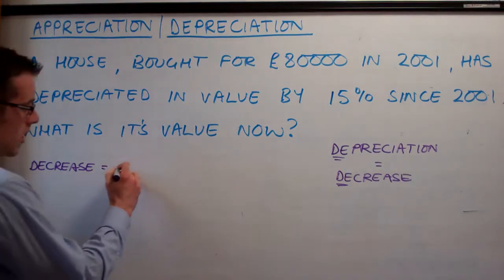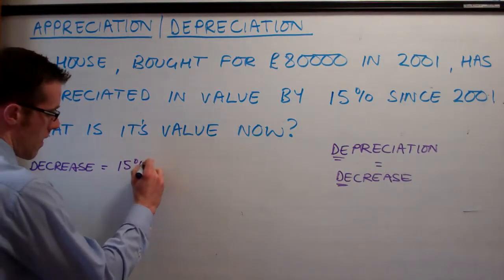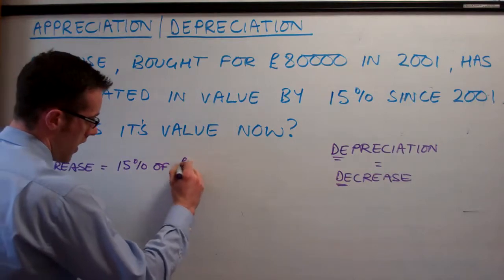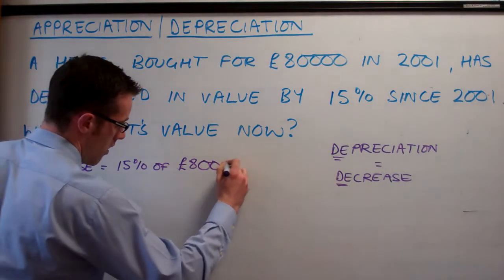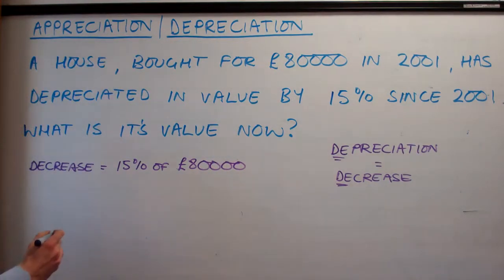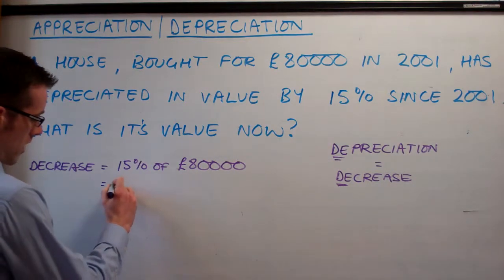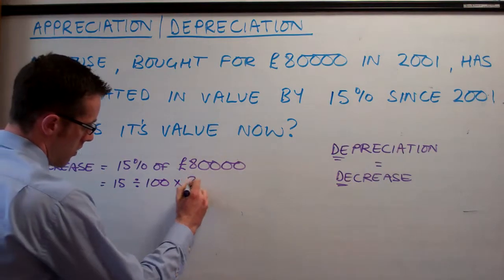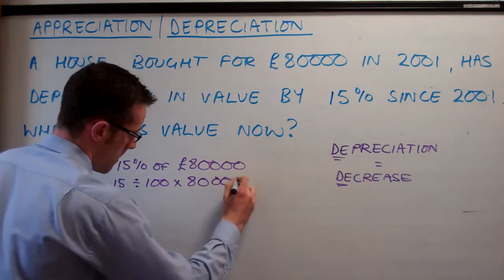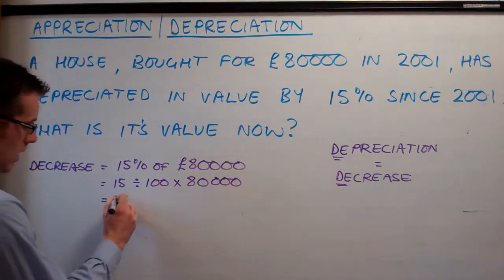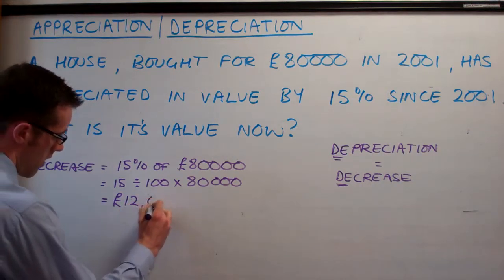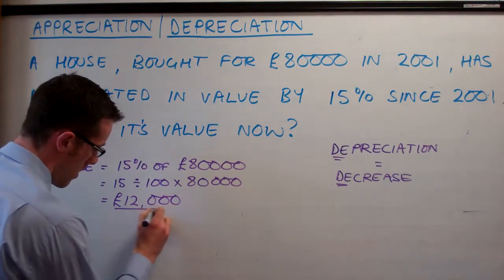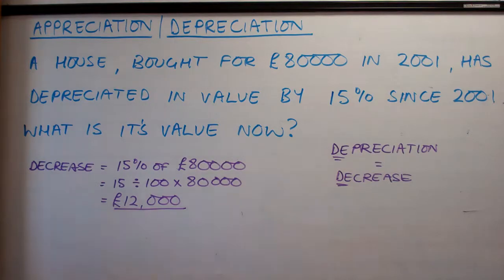That's going to be 15% of £80,000. If we do the sums, that's 15 divided by 100 times 80,000, and that gives us £12,000.